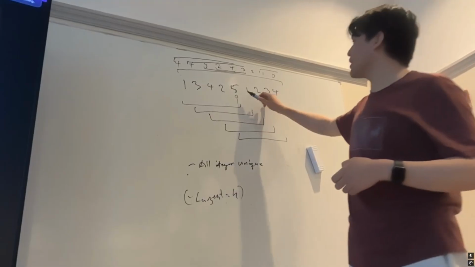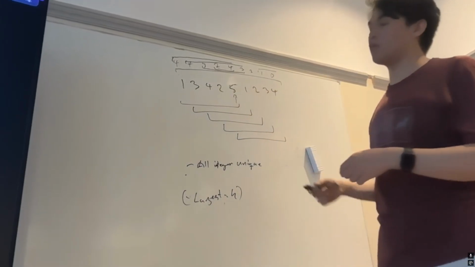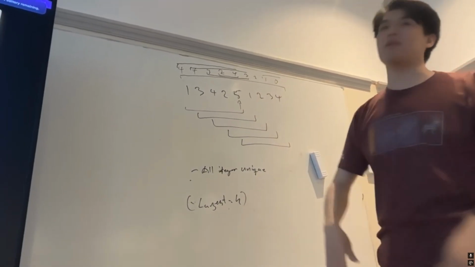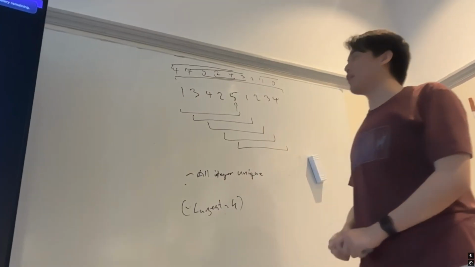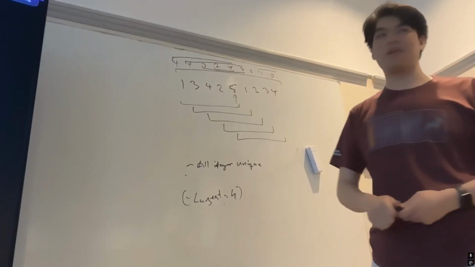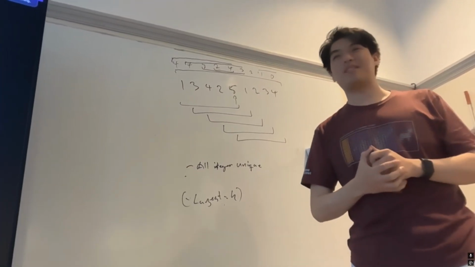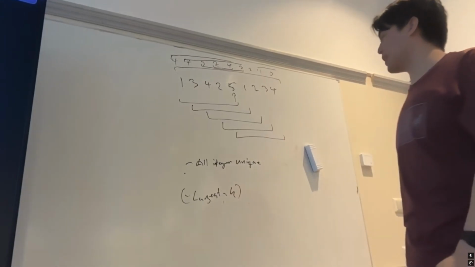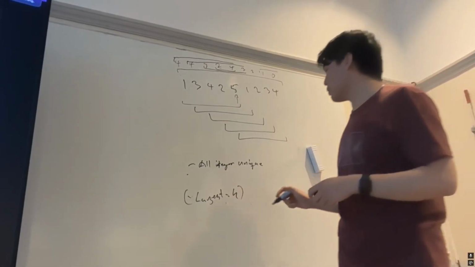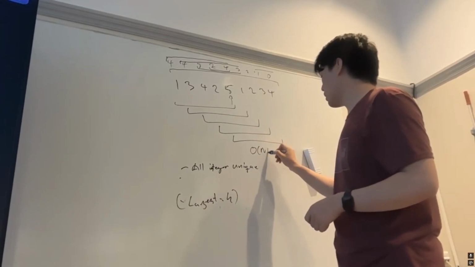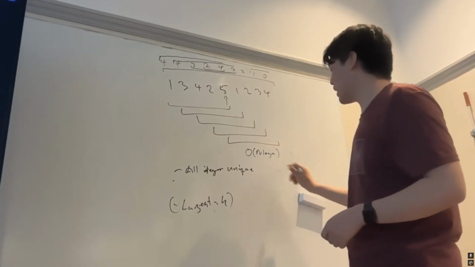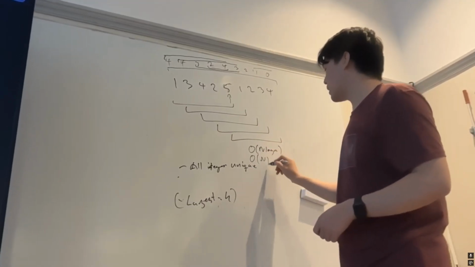Since we're doing this for each index, it will be O of n for answering queries, but constructing the sparse table would be n log n. Or we can use some really nice ways to make it linear time as well, but we can ignore that. So the solution would run in n log n computation and O of n to answer all the queries.